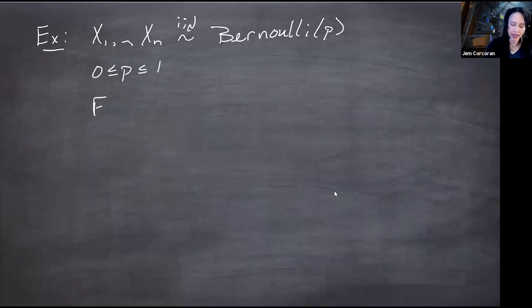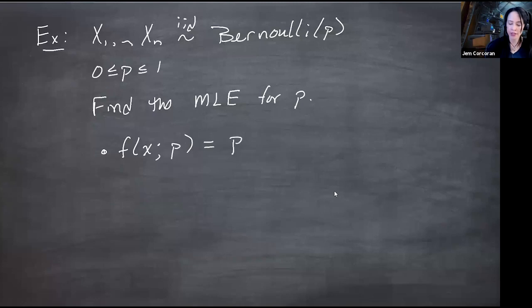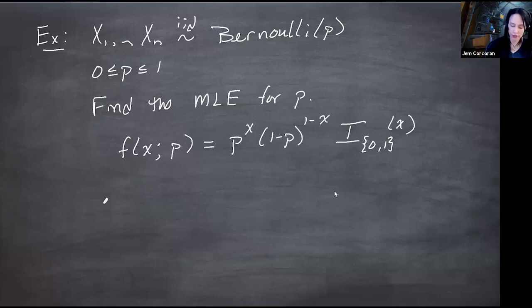And I want to find the MLE for p. The first thing I'd do would be to write down the PDF, or maybe you skip this part and go straight to the next step. But it is p to the x, 1 minus p to the 1 minus x, indicator 0 and 1 of x.